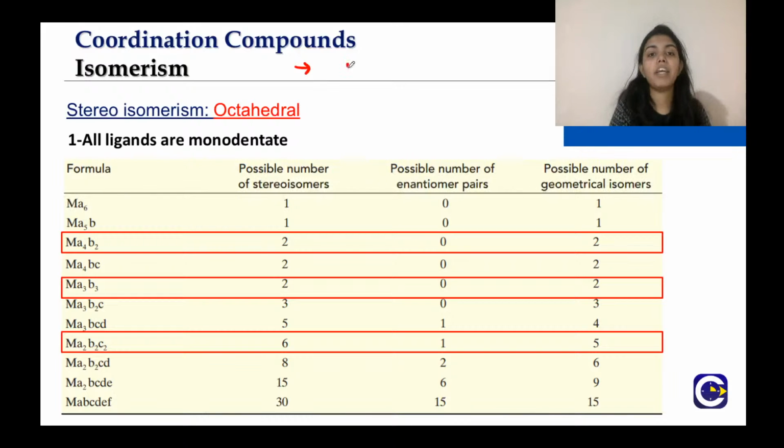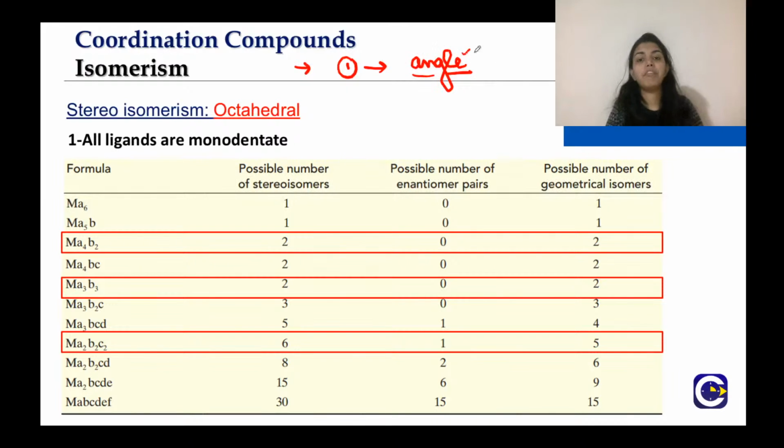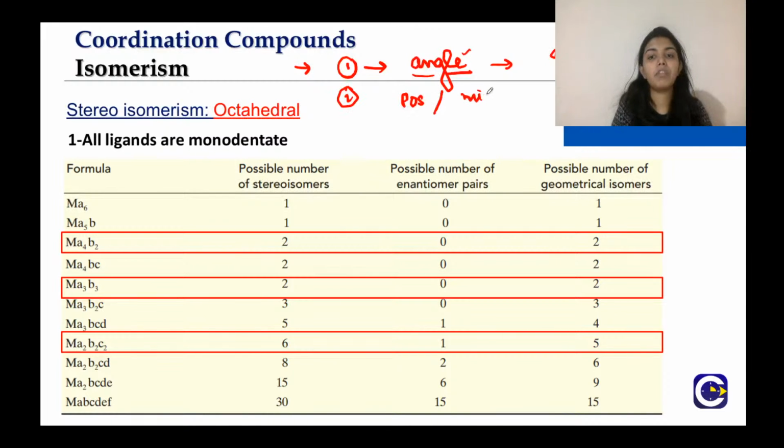Either one way is to use that trick in which at least one of the angles will be different. That will be geometrical isomer, and the second one is you can use the plane of symmetry or the mirror method to find out the optical isomers. Or the other way is that you can just learn this table, right? You can also learn this table.